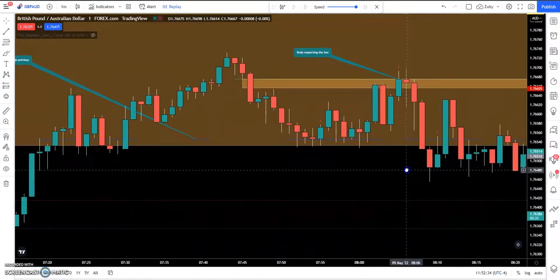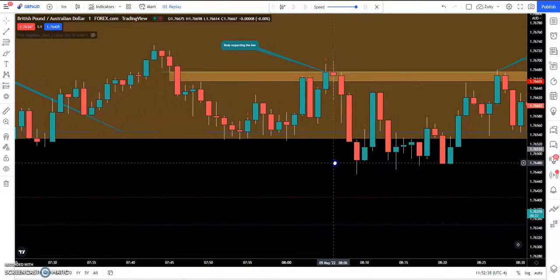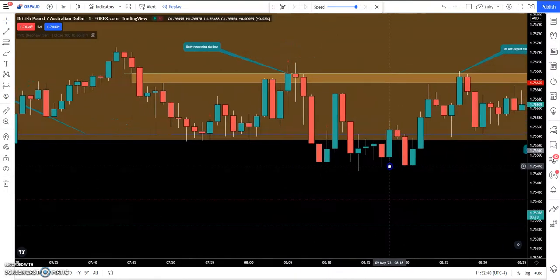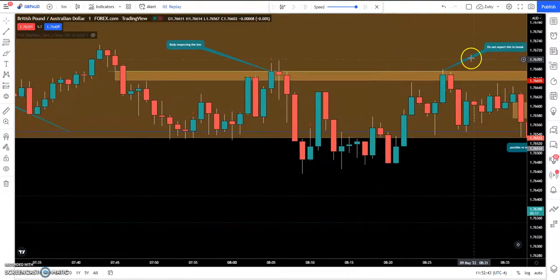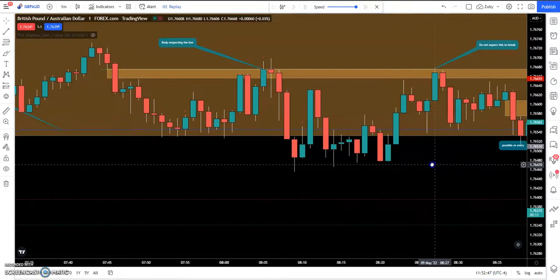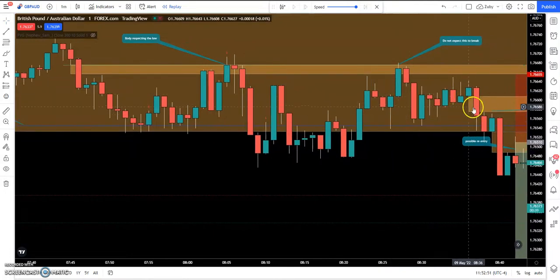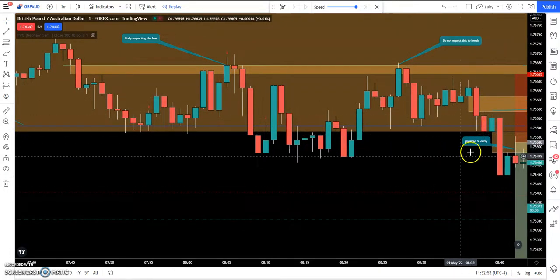And then what happened is, obviously I had to wait. I made a few notes that says do not expect to break this, and once we got that, we got another fair value gap, but it did not come up.